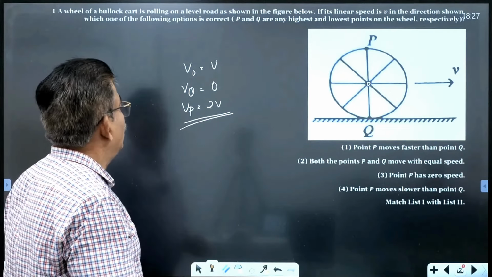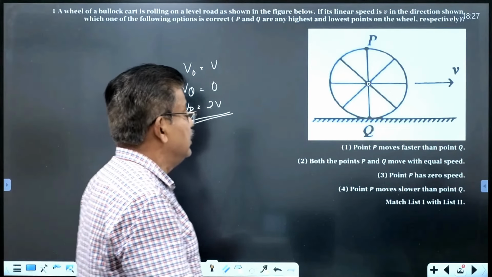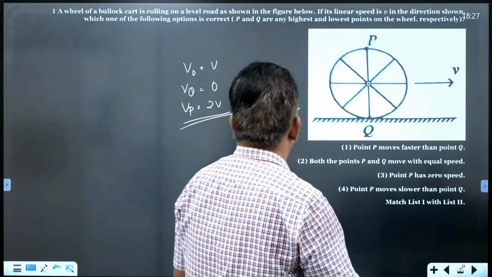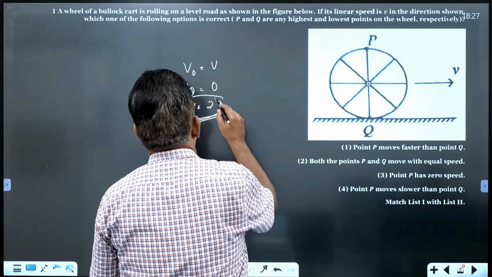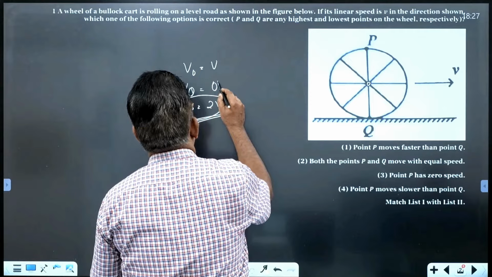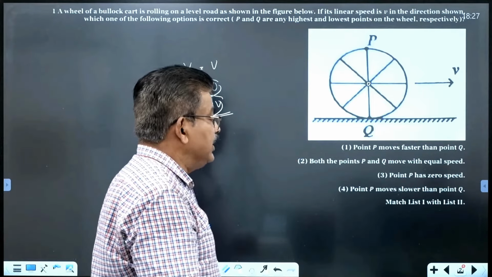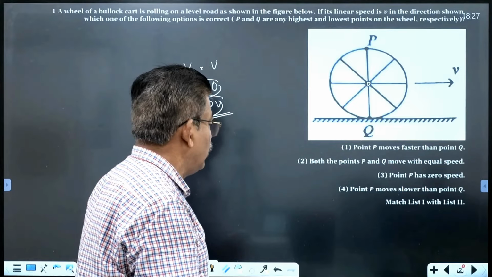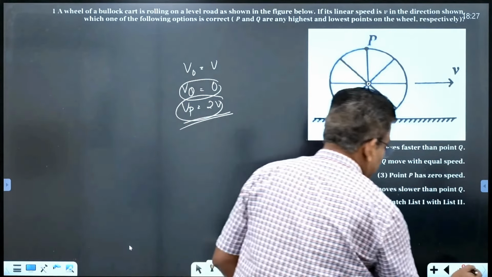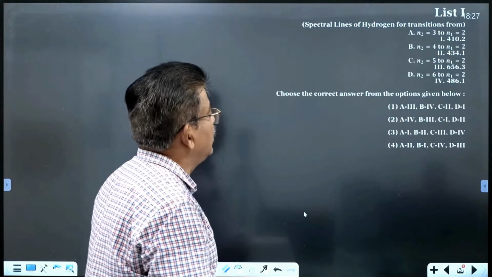So velocity at P is greater than velocity at Q. Repeat, velocity at P is 2V, velocity at Q is 0. Therefore, velocity at the point P is more than velocity at the point Q. Answer 1 is correct. Go to the next question.